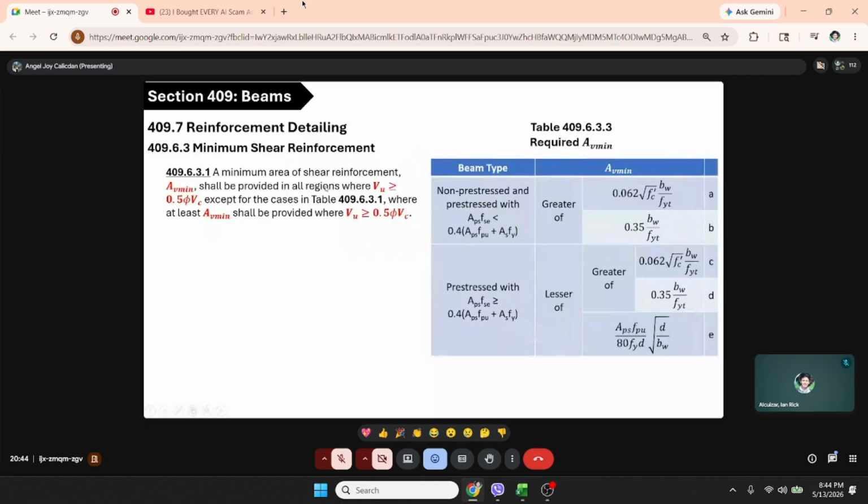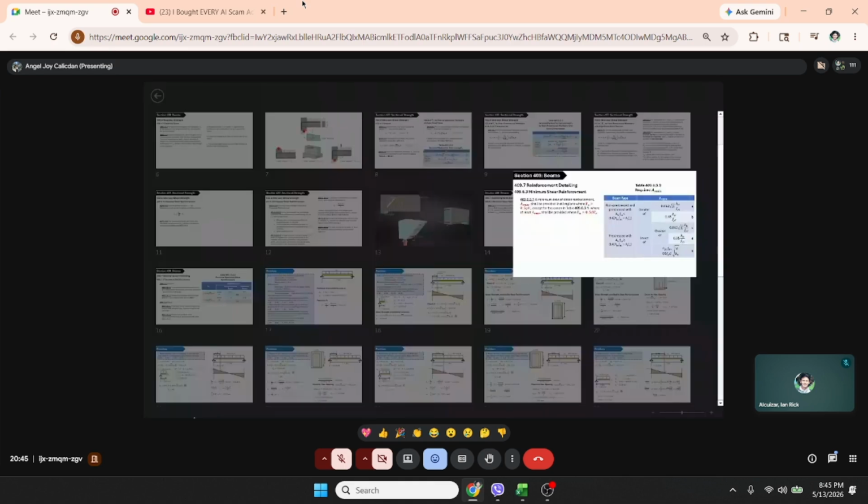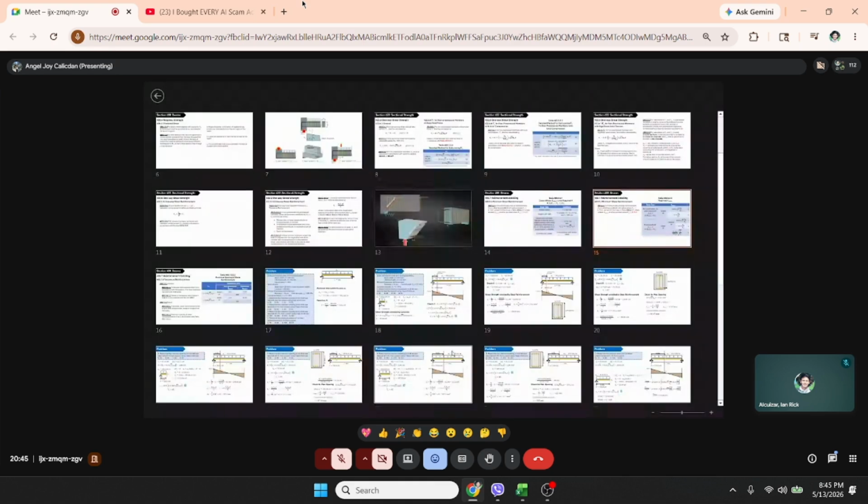So, if in between, kung ang imong Vu kay less than or equal sa phi Vc, need nimo mag-compute for minimum area of shear reinforcement. So, we'll use this non-prestress beam type and Av min is greater sa kaning A or kaning B. So, balik ta sa problem.